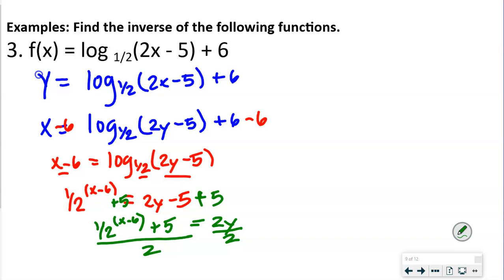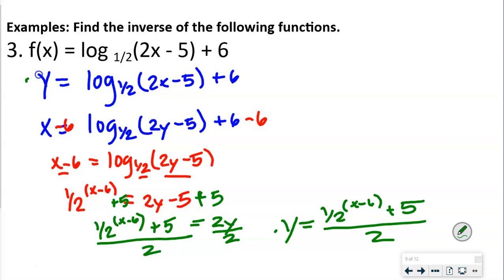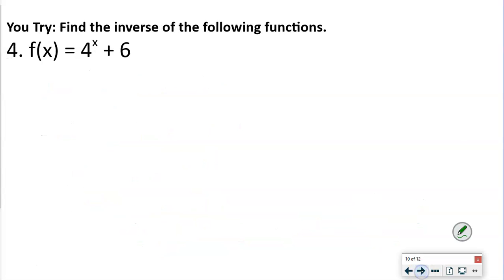So that's going to give us y is equal to, or f of negative 1, the inverse of y, right? So it is 1/2 to the x minus 6 plus 5, all over 2. And again, you can check this by putting it in Desmos and making sure that this one and this one are inverses of each other.